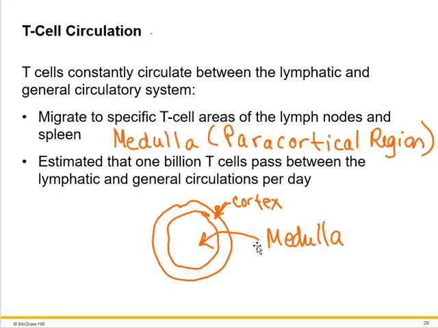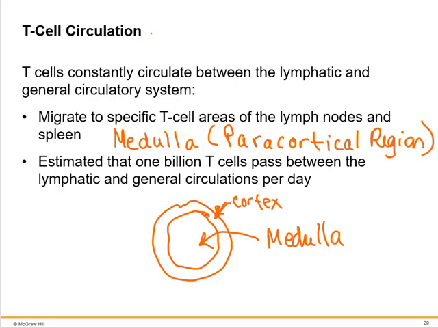And so it's not unheard of to call the center portion of these glandular organs the medulla, and the outer portion the cortex. So the cortex is where the follicles are located, and the paracortical, like near the cortex, is the medulla. It's not the actual cortical region or follicular region, but it is near it.